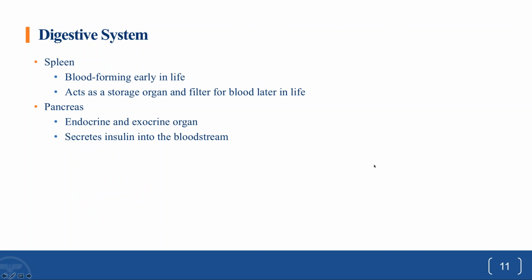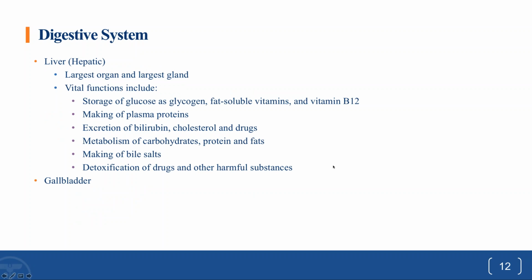Okay. Spleen and pancreas. So we're just talking about some of the anatomy of the digestive system. And here, largest organ and largest gland of the digestive system is the liver. Very, very important. The liver serves as our filter.